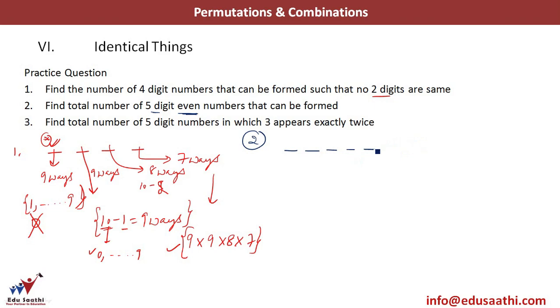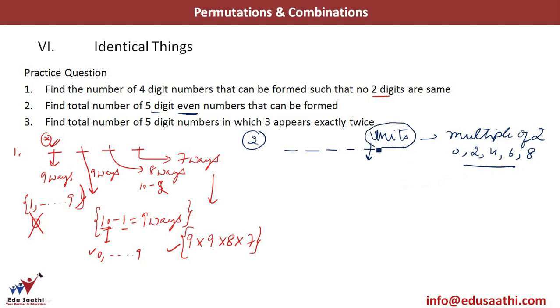Even numbers are the numbers where in this units place I have a multiple of 2. So I can have 0, I can have 2, I can have 4, I can have 6, or I can have 8. Okay, so this units place is what matters.